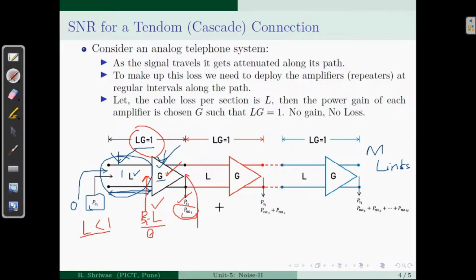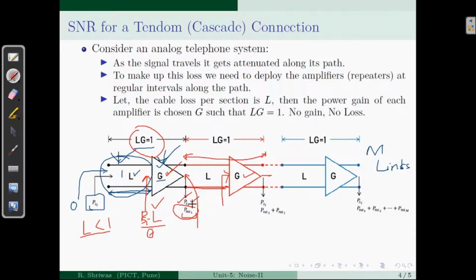Let's see the second link. In the second link, the input signal power is PSI. Again we get a loss of L at this point, and then we get a power gain of G after this amplification.